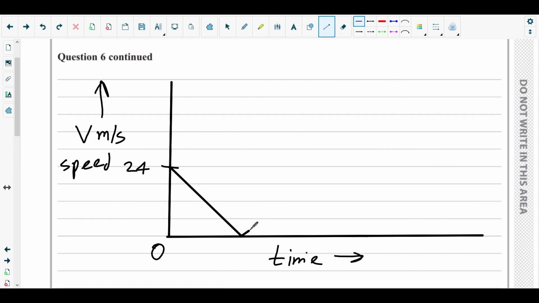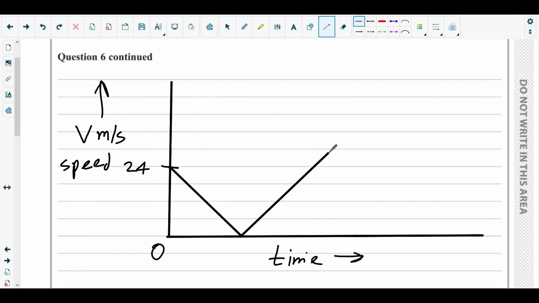It keeps freely falling towards the ground, and we know that initially 24 meter per second was the projection speed at point A. Point A was 2.5 meters above point B, above the ground. So when it is falling to the ground, it is traveling 2.5 meter more distance.